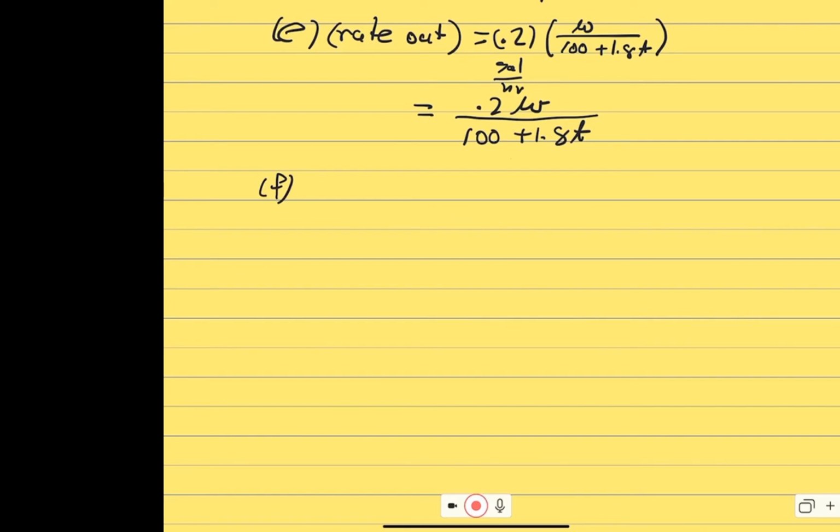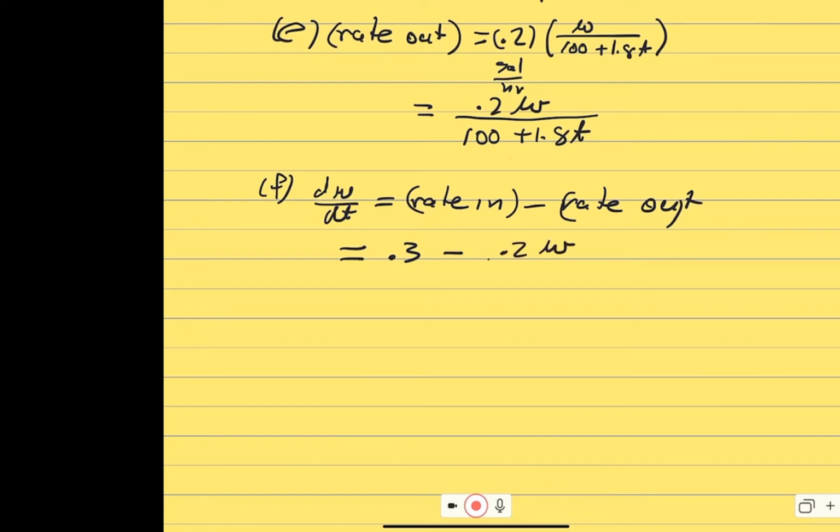That is going to be dW/dt is rate in minus rate out, which is 0.3 minus 0.2 W over 100 plus 1.8 T. Yet again, this is going to be a first order linear.